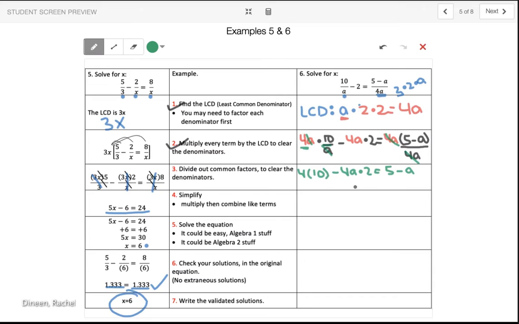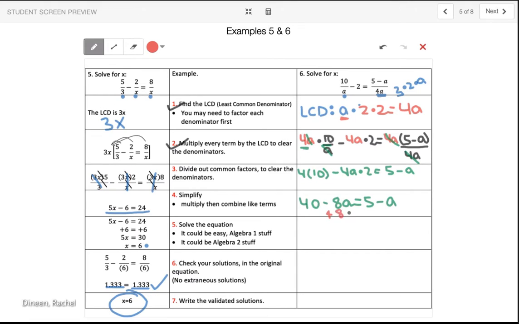Then I'm going to simplify by multiplying and combining like terms. So 4 times 10 is 40. Negative 4a times 2 is negative 8a equals 5 minus a. I'm going to move all of my like terms, so all my a's to one side, all my constants to the other. It doesn't matter what you choose to do. I'm going to move my a's to the right.